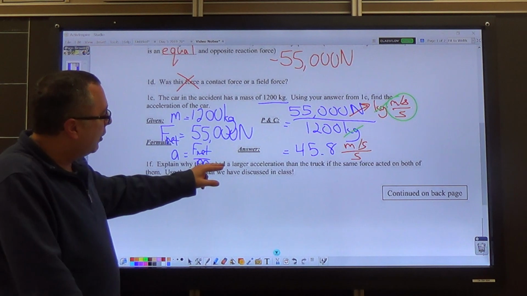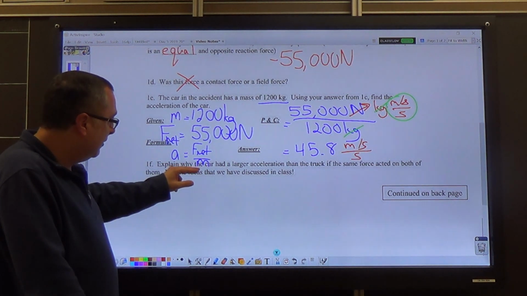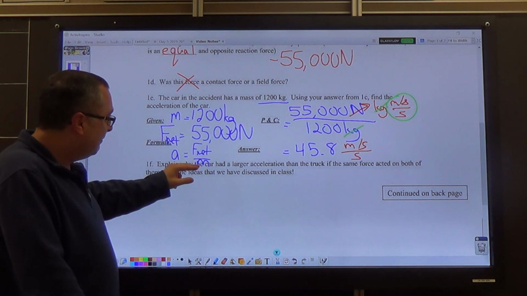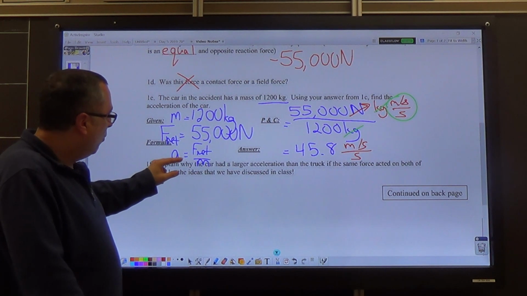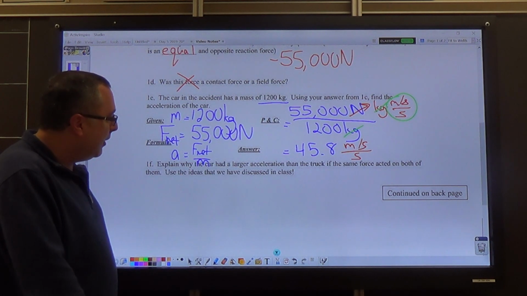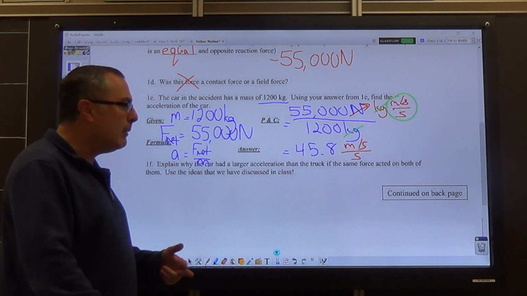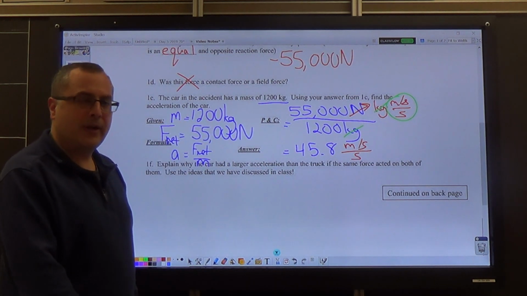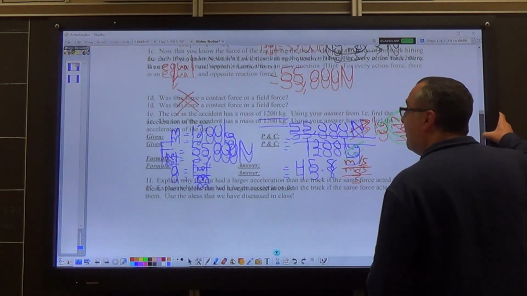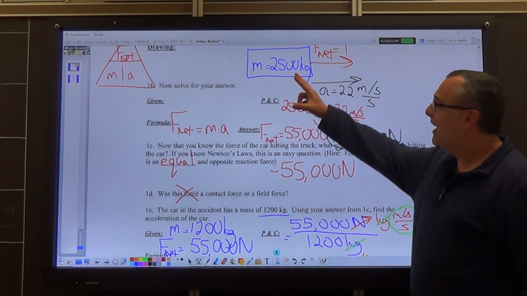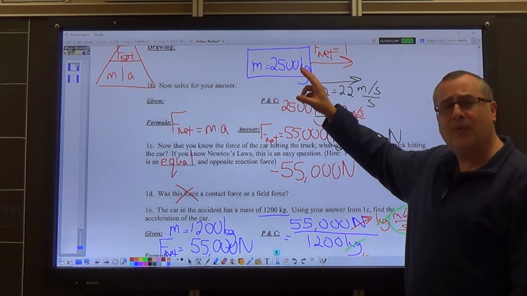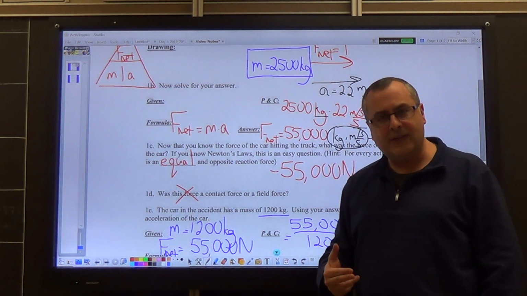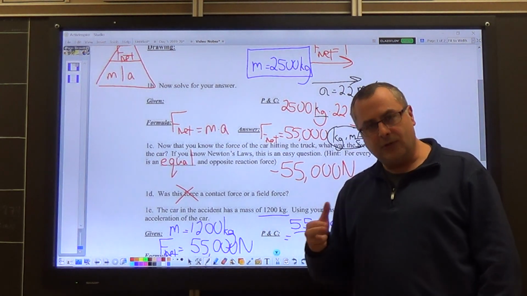Now, why did the car have a larger acceleration than the truck if they were pushed with the same force? And we mentioned that before. The car's mass was 1,200 kilograms, which, while that's a lot of mass, is not as massive as the truck. The truck was a larger mass, and you know that larger masses are harder to speed up, they're harder to slow down.